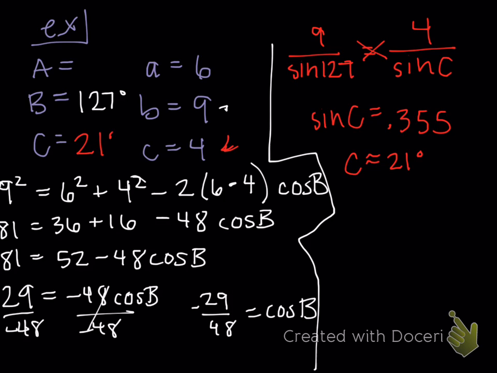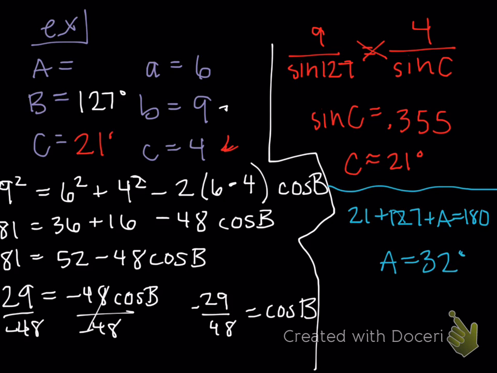And now the last thing that we do is we use the triangle angle sum, and I know there's 180 degrees in a triangle, so I have 21 plus 127 plus A equals 180. Add them up and subtract, and angle A will be equal to 32 degrees.